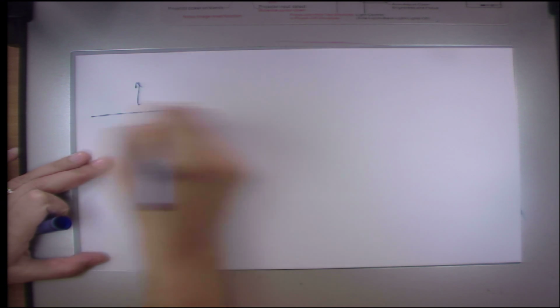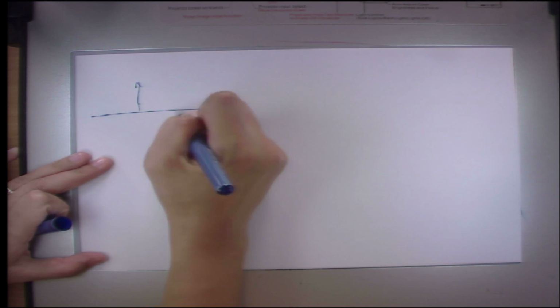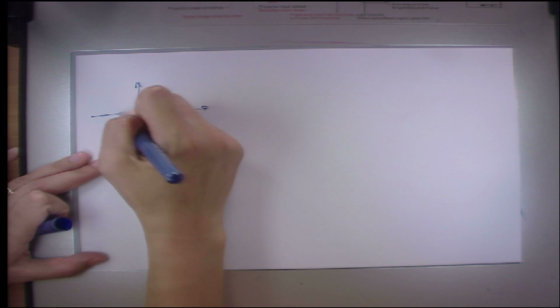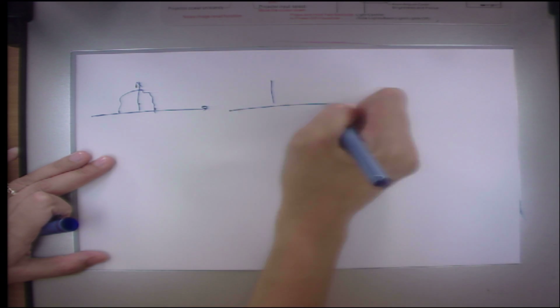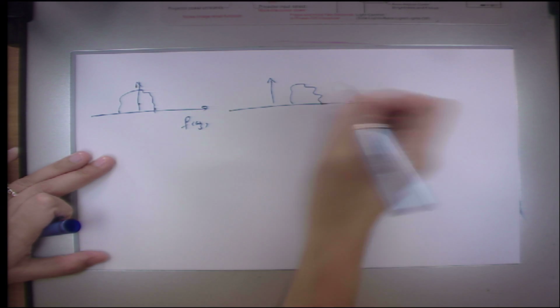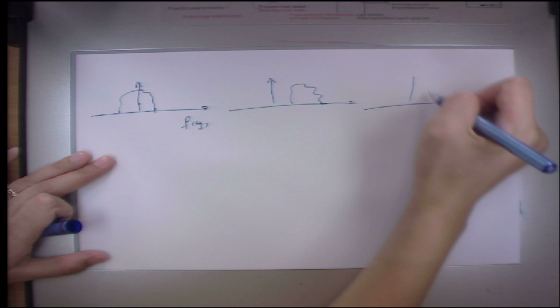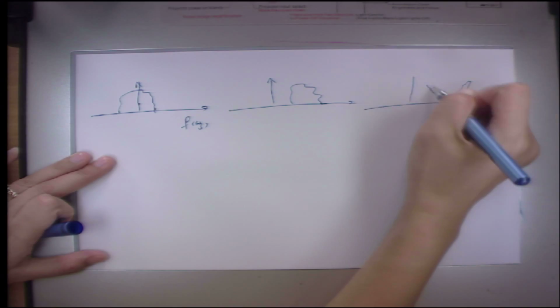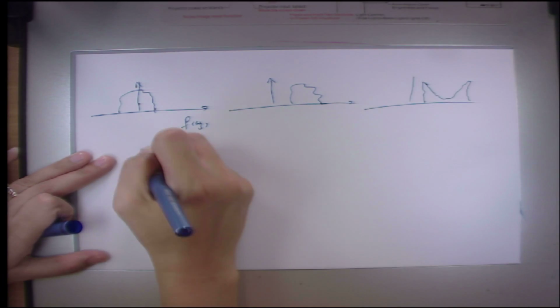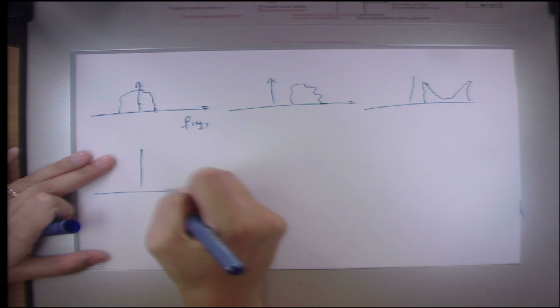So if you have a signal like this, or a signal like this in the frequency domain, or a signal like this, and a signal like this, or a signal like this.